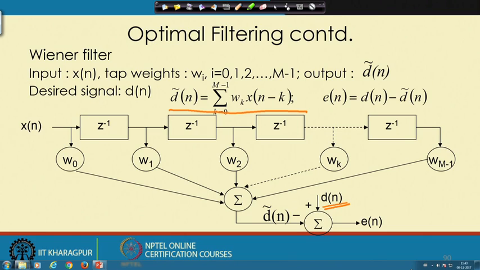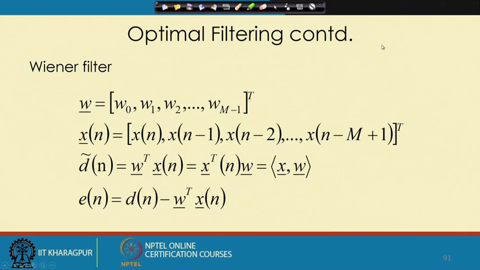Let us go through the deduction of this and learn about this Wiener filter, and then we will get back to how we get d n for practical use.